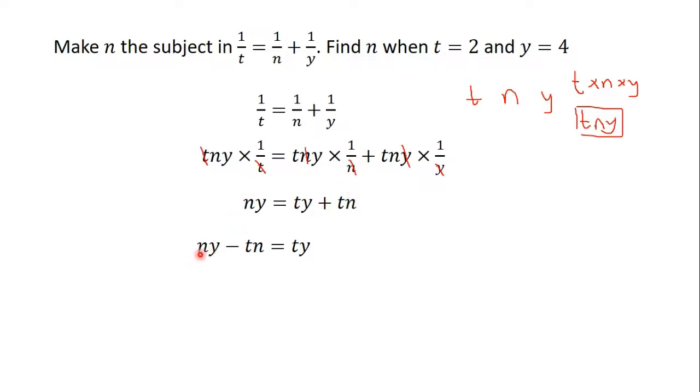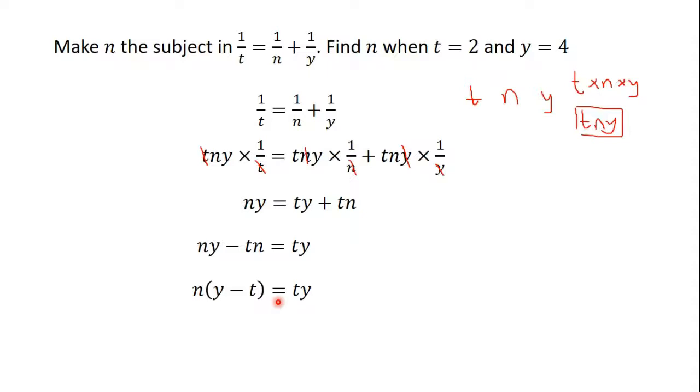So that will give me ny minus tn. Ty is already here, so I'll keep it there. From here, I'll factorize out n because that is what I want to make the subject. When I do that, I'm going to have n into brackets y minus t is equal to ty.